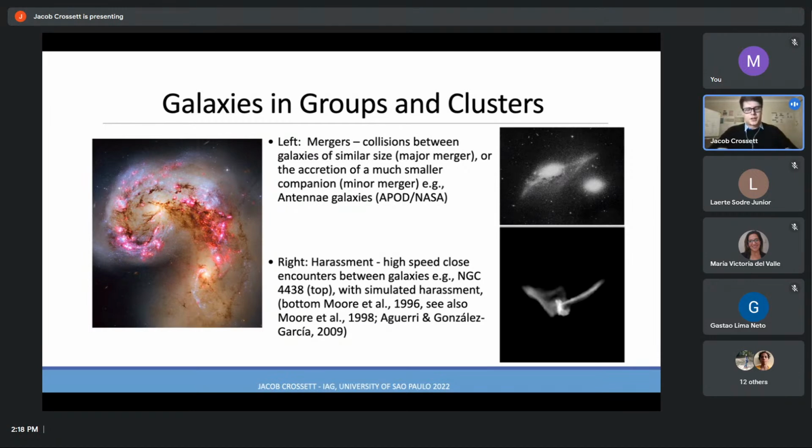Now in clusters, because this gravitational well is so large, the galaxies actually move very fast through the cluster, and the relative velocity, so the speed between the members, is such that the galaxies actually won't collide and then come back and join to form one object. Instead, repeat flyby interactions, so just purely passing gravitational interactions, can contort the morphologies of galaxies, the shapes of these galaxies, such that they still can be transformed.